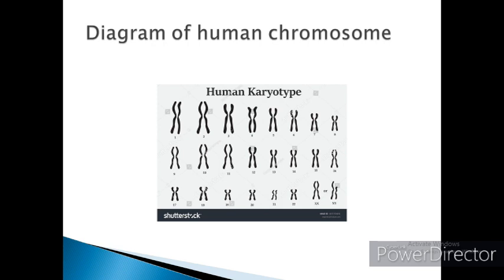Now we'll be talking about the structure of the human chromosomes. From 1 to 22, they are all known as the autosomes. They are all similar, but the 23rd one may be either XX or XY. If it is XX, then it is a female, and if it is XY, then it is a male.